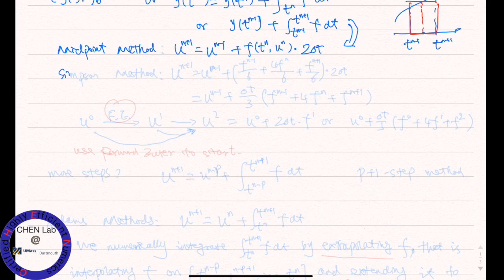We can also have a Simpson-type method, because we can do that integration. This observation generates two methods. We can integrate from t_{n-1} to t_{n+1}. In that case, our u_{n+1} is equal to u_{n-1} plus the integral from t_{n-1} to t_{n+1}, by Simpson's rule.